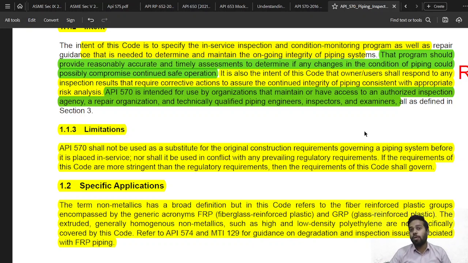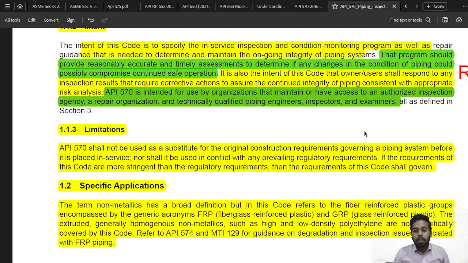Again, you cannot use this code if it is in direct conflict with the regulatory requirements that you should follow, depending on which country or which local regulations you are working with. So if the local regulation and the API 570 code are in conflict, then the regulatory requirement should be followed, provided that the regulatory requirement is much stricter.